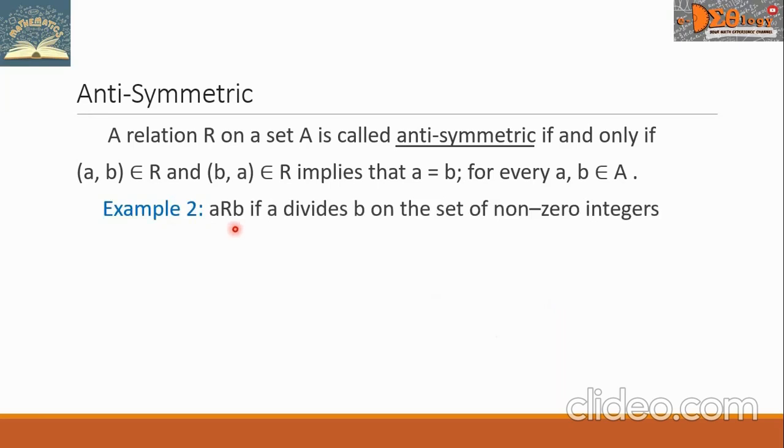A is related to B if A divides B, on the set of non-zero integers, is an anti-symmetric relation.